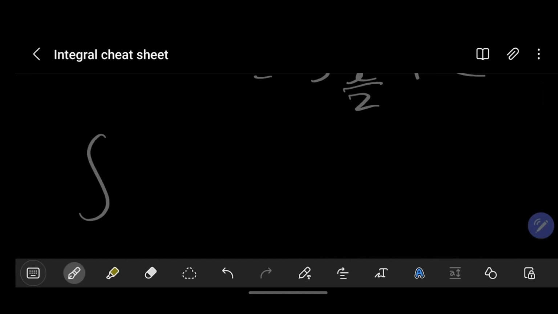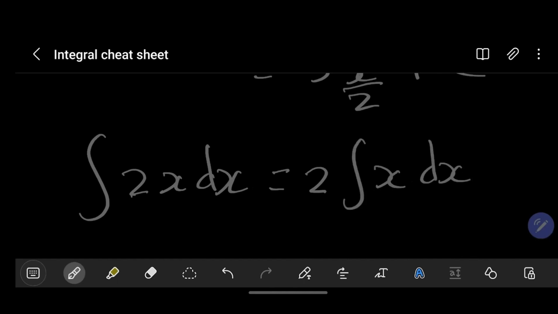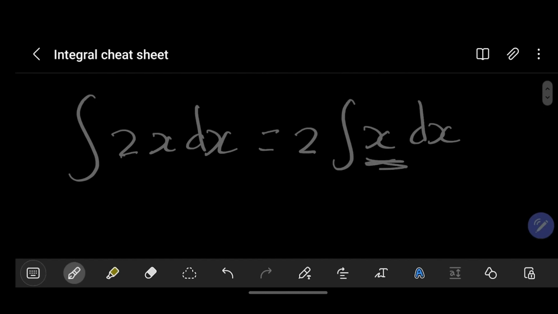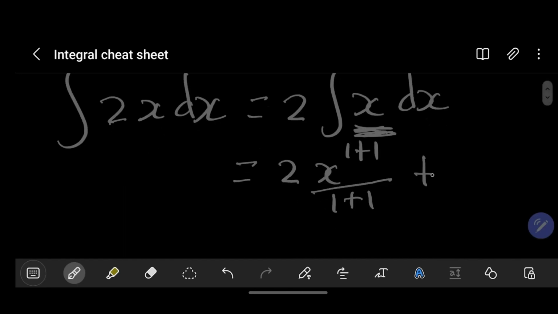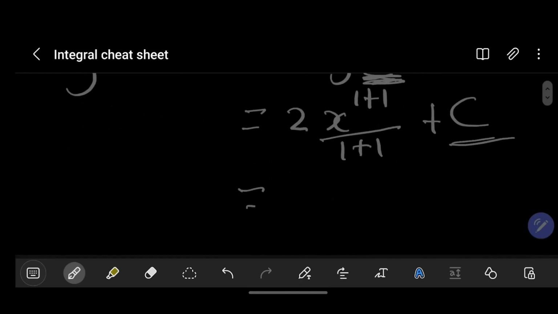So let's take the integral of 2x dx, and we use the multiplication rule. We take out the 2, the constant. We then find the integral of x dx, and once again we can use the power rule, so that's equal to 2x, n is 1, so 1 plus 1 all over 1 plus 1, plus c, don't forget the c, and that's equal to 2x squared all over 2 plus c.